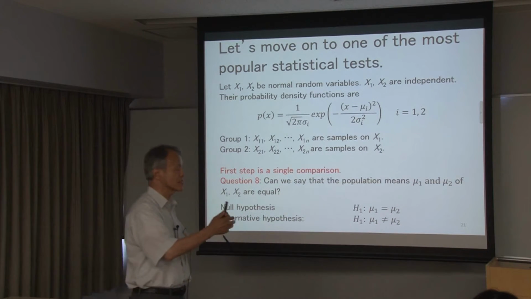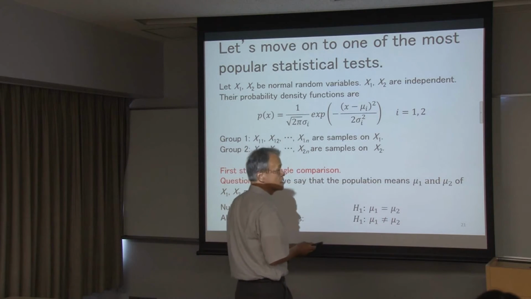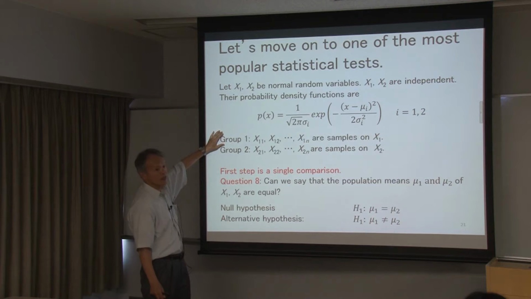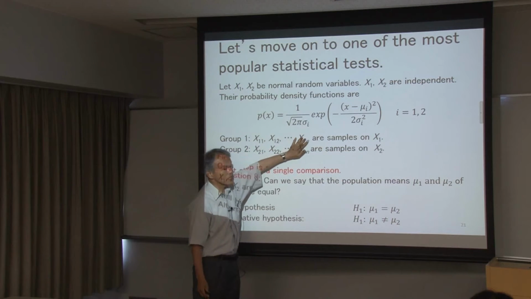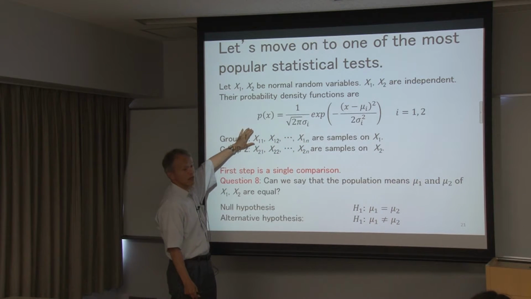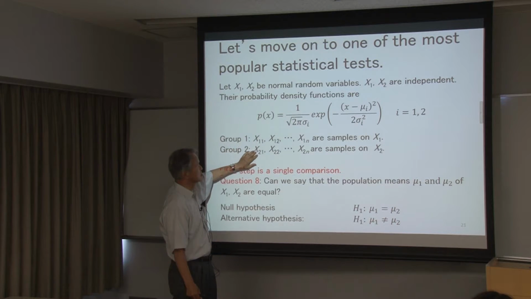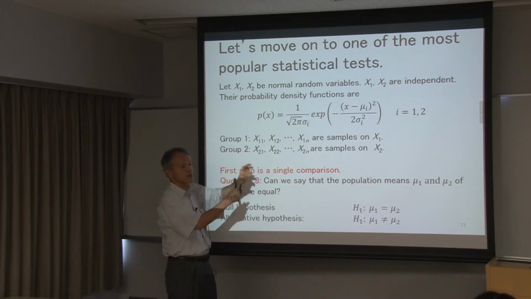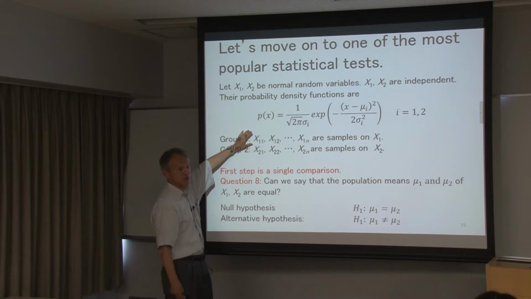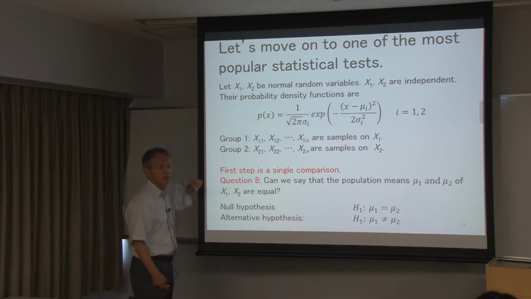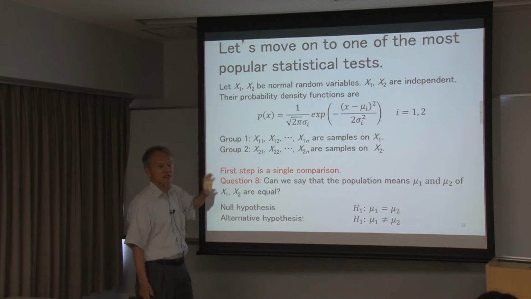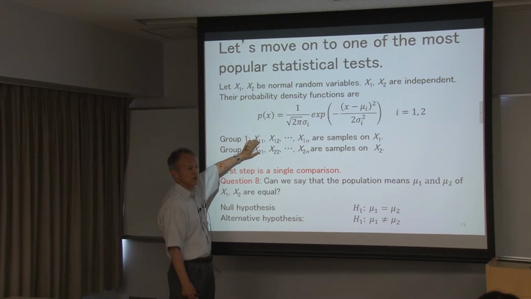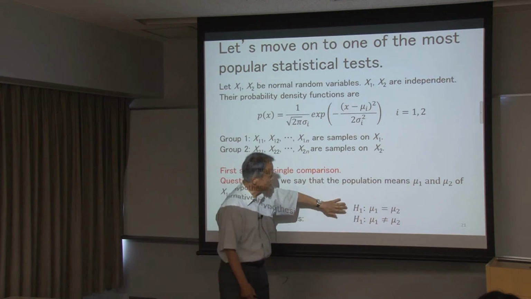This is more popular than the previous test because this is the data from your proposed method, and these are the data from the conventional method. You want to compare the performance of the proposed method. This is a more popular case. My method is better than the conventional one. So this is the null hypothesis.